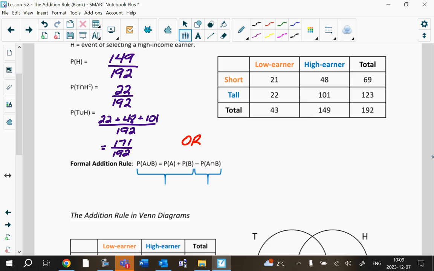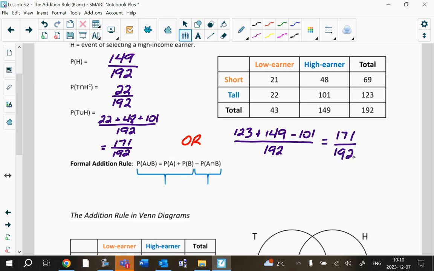Total. How many are high earners? 149. But didn't I count this twice? So I need to subtract the double counting. If you do it like that, you're still going to get the same answer.